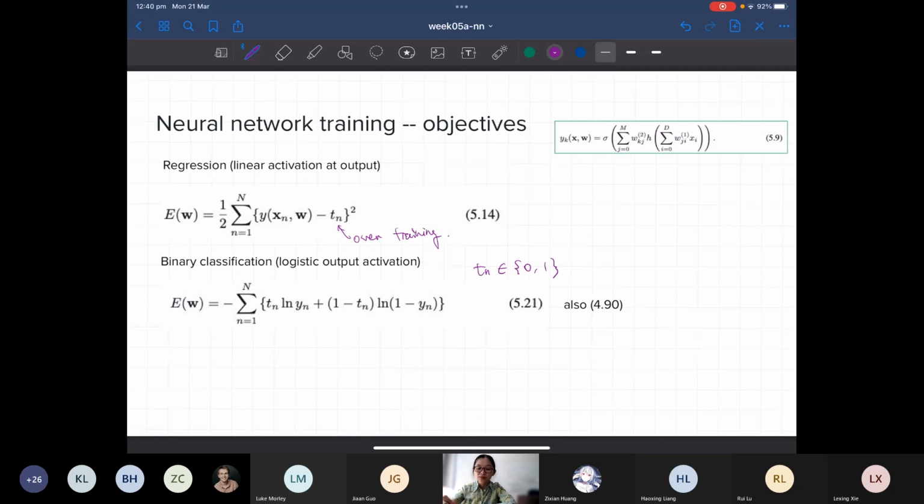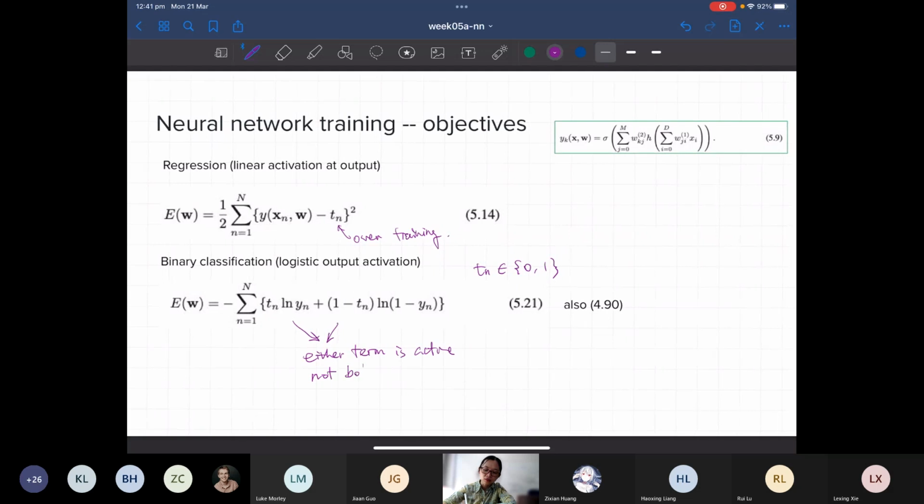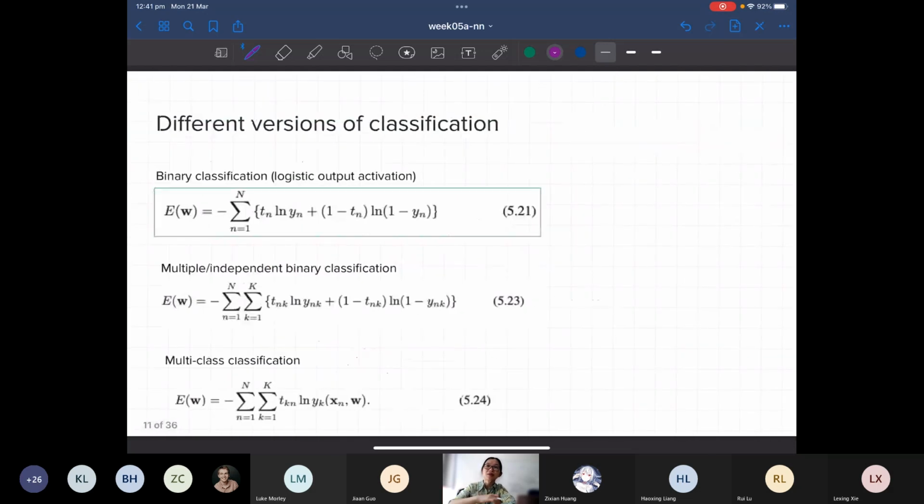So as we already know, either term is active, but not both. Basically, one of either tn or 1 minus tn is 0, and the corresponding term is 0. All right, this is also exactly 4.90 when we talked about logistic regression.